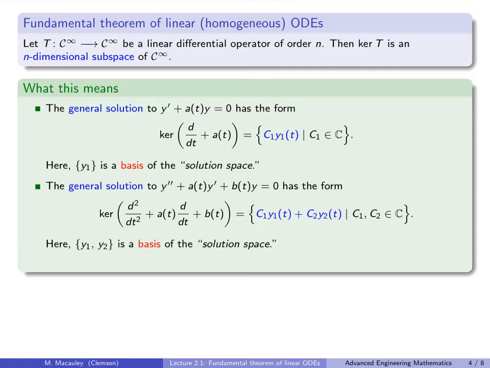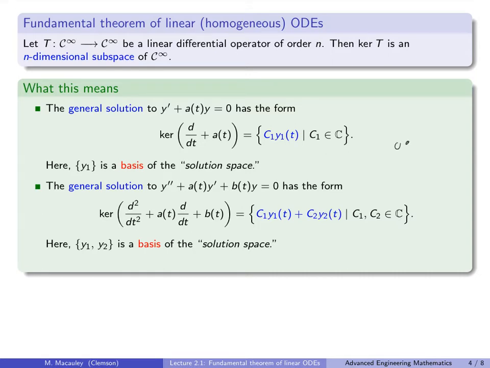Here we say that y1 and y2 form a basis of the solution space. Once again, the general solution to this homogeneous linear ODE is a vector space, and this is a basis. Now let's compare these two examples and see how much choice we have in y1 and y2. In this first case, the solution space is a one-dimensional vector space.